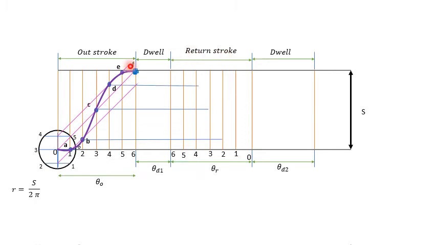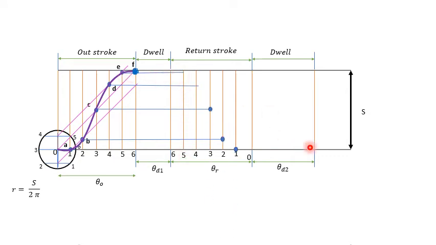Then from point D, the cutting point for the fourth vertical line, we have to draw a line till it reaches the fourth vertical line of the return stroke. Similarly, E is the cutting point for the fifth vertical line, therefore draw a line till it reaches the fifth vertical line.